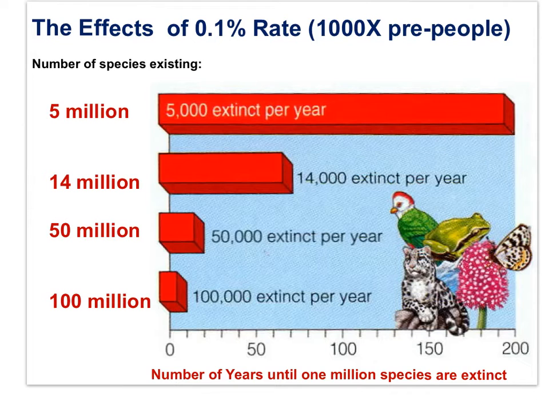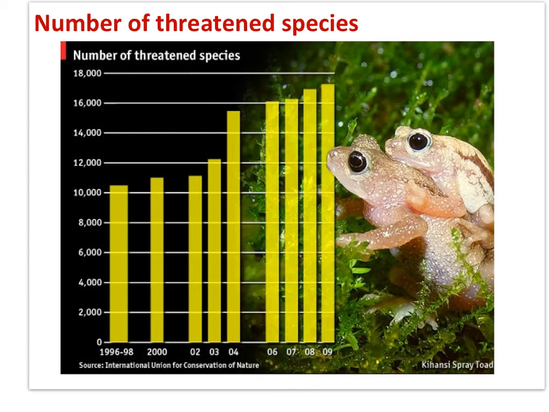If we apply this extinction rate to an estimate of 50 million different species, then 50,000 will go extinct next year. And IUCN data suggests that the number of threatened species is increasing in recent years.